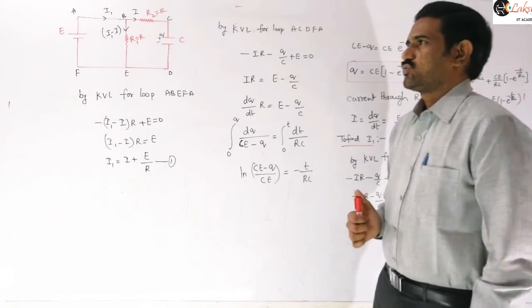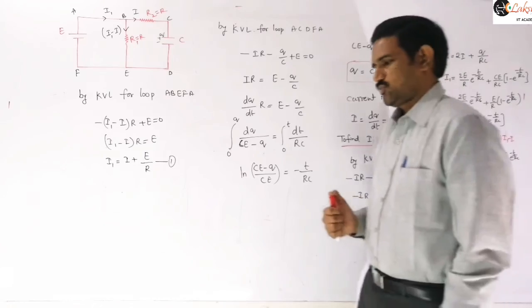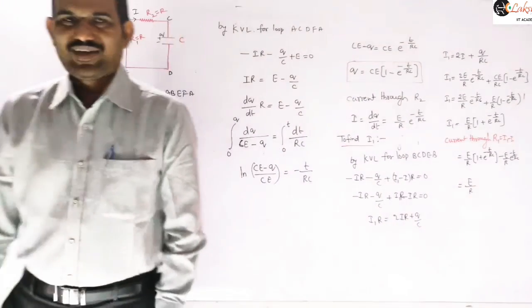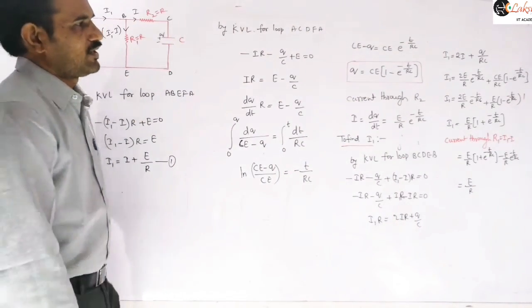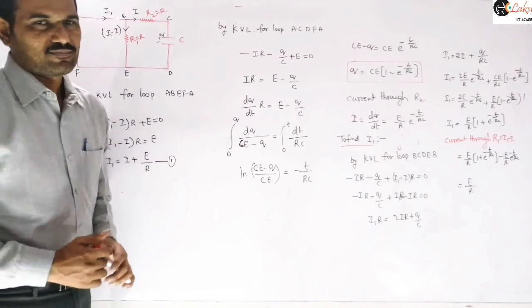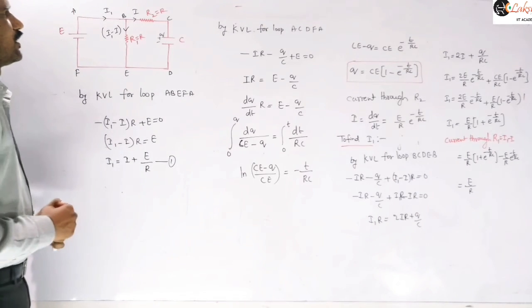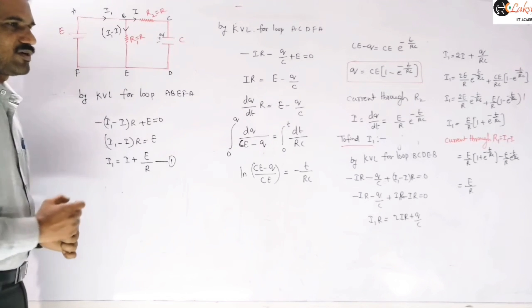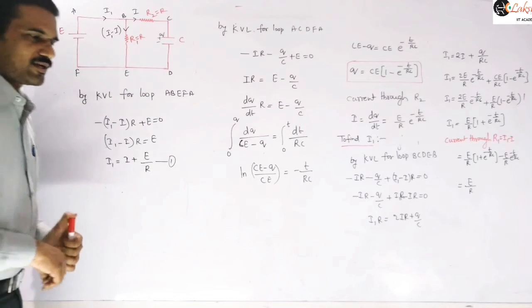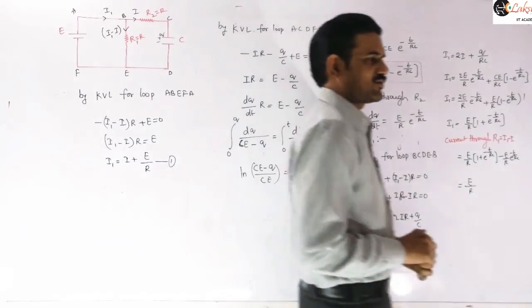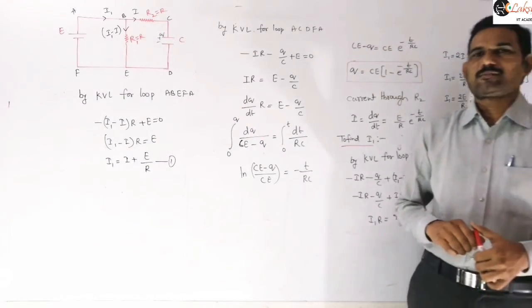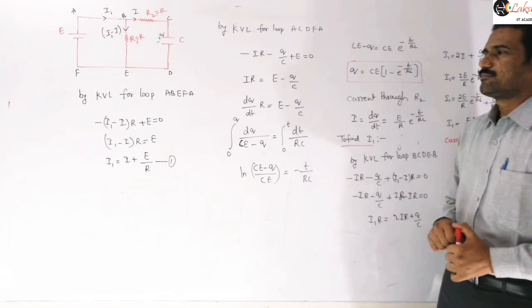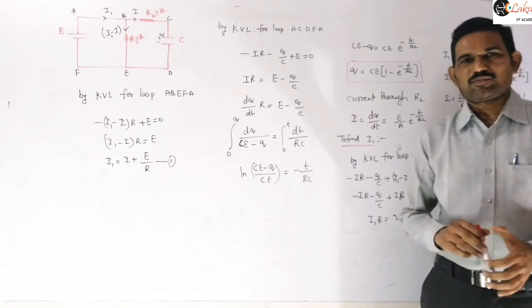In the circuit shown in the figure, find the charge on the capacitor and the current flowing through the resistors R1 and R2, and also find the current drawn from the cell.